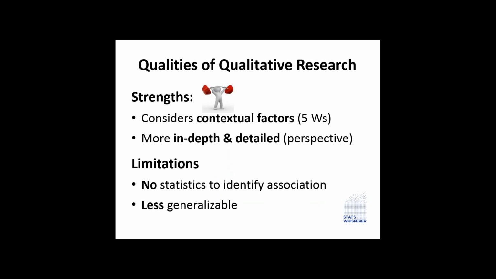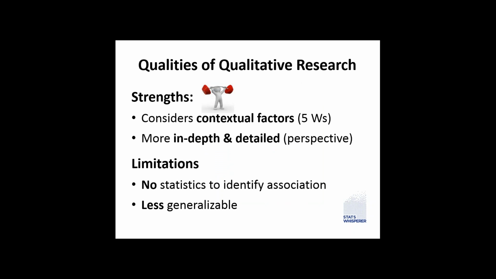Now, let's think about this from a practical standpoint. The qualities of a qualitative research study. Let's think about these strengths because they're formidable. The study considers contextual factors, the contextual factors that study participants experience.